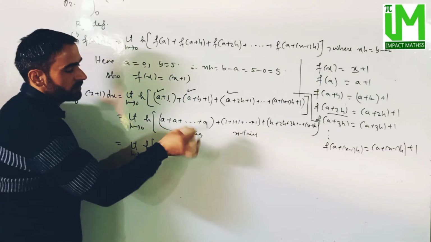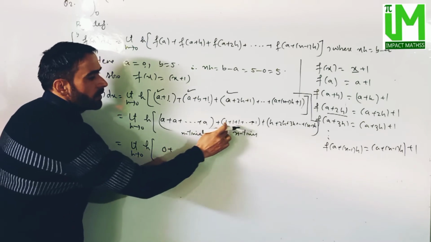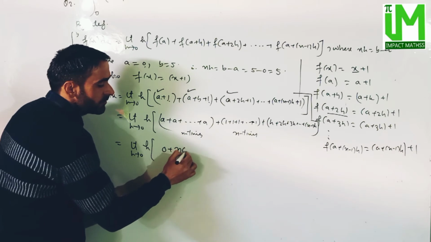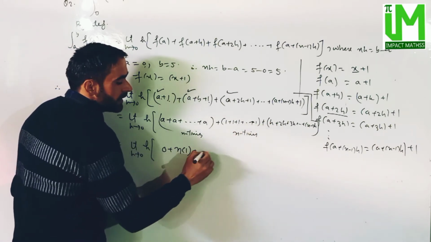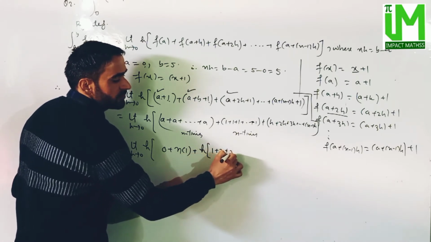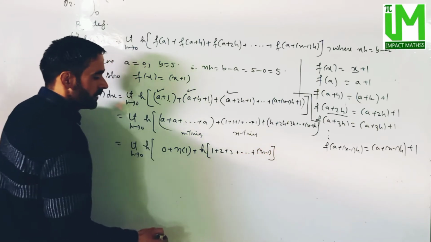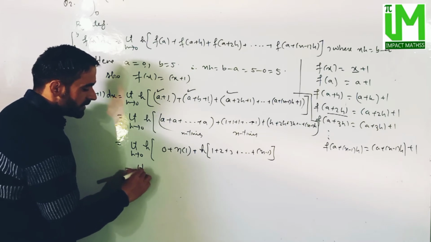It is 0, so this term becomes 0, so this will be 0 plus 1 into 1, n times, so this will be n into 1. Plus, in the other terms, take h common, the remaining is 1 plus 2 plus 3 plus up to n minus 1.